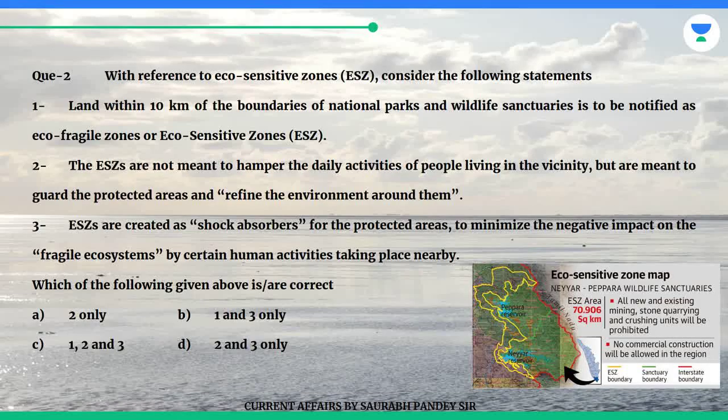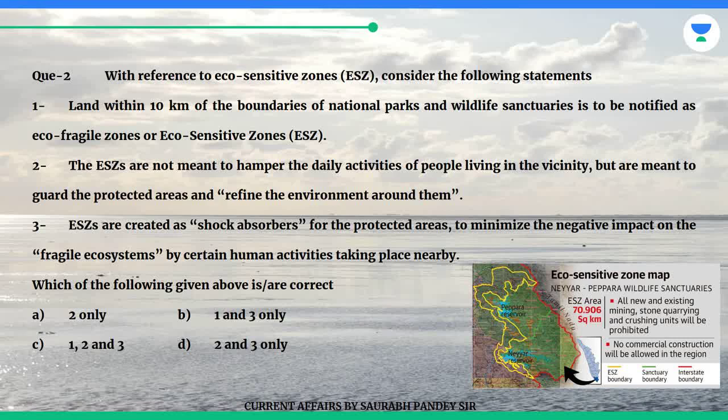Question 2. With reference to eco-sensitive zones, ESZ, consider the following statements. 1. Land within 10 kilometers of the boundaries of national parks and wildlife sanctuaries is to be notified as eco-fragile zones or eco-sensitive zones, ESZ. 2.